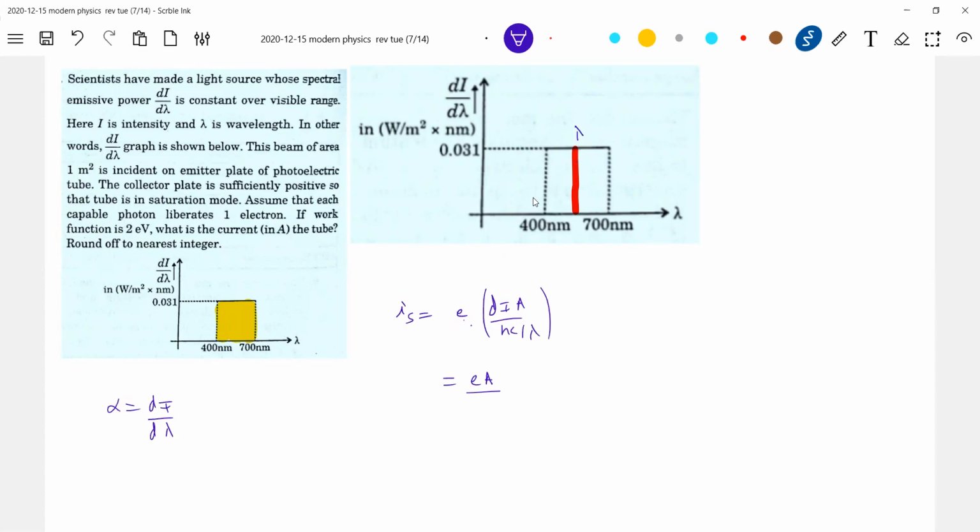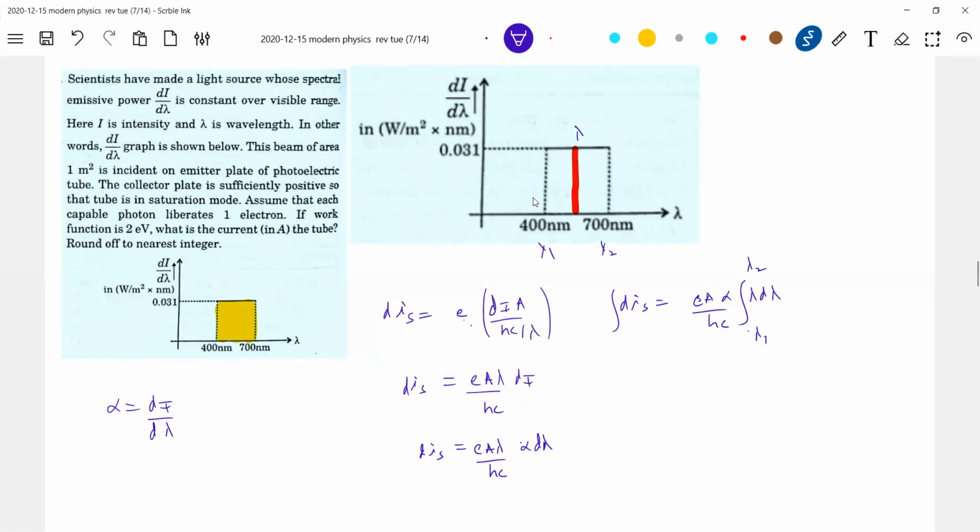The current becomes e A lambda by hc times dI, which is alpha lambda d lambda. So the wavelength is from lambda 1 to lambda 2.